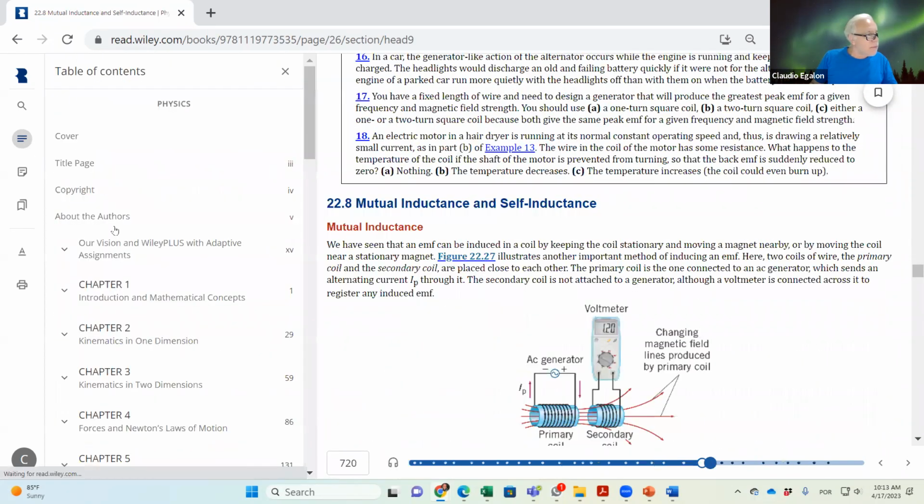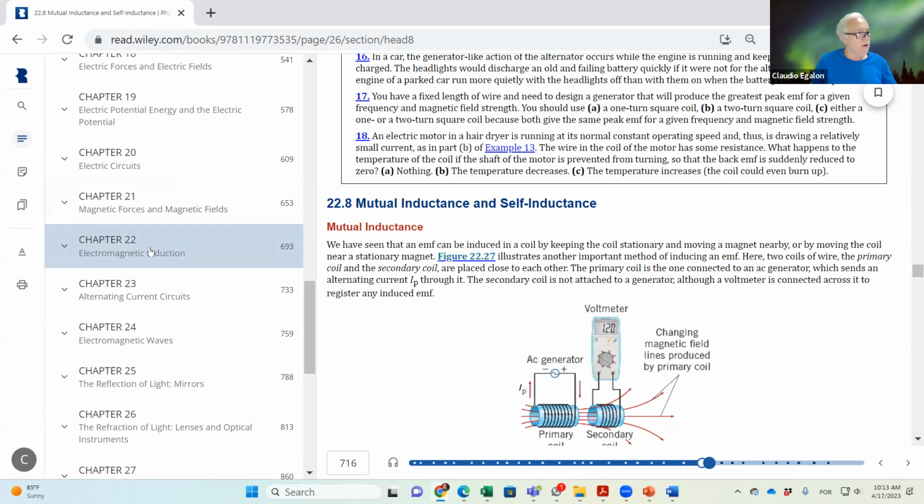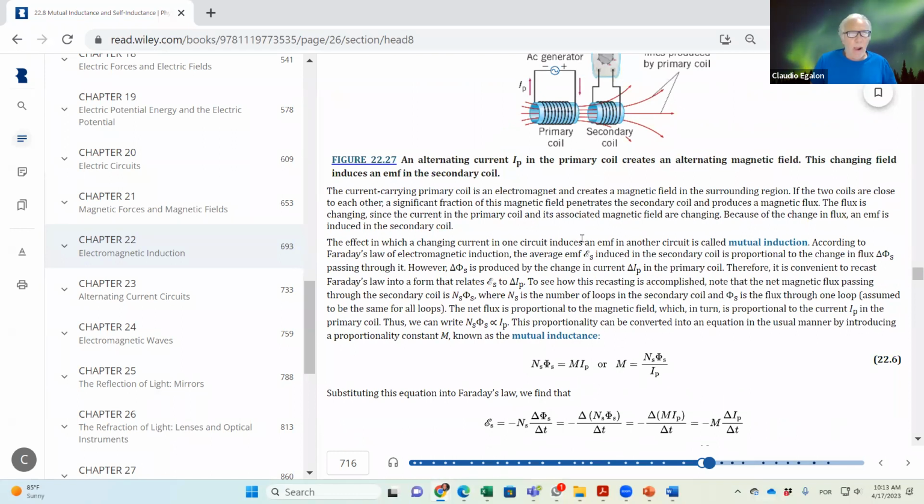Let's take a look here at this one, 22. Okay, mutual induction. We want to talk about that. Mutual induction and self-induction and self-inductance. Okay, so what you have to know about that.